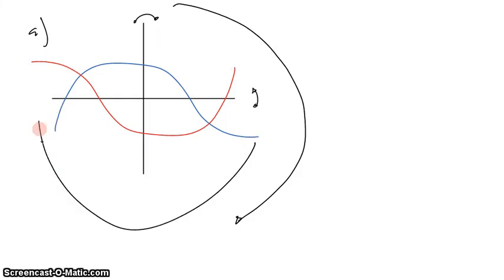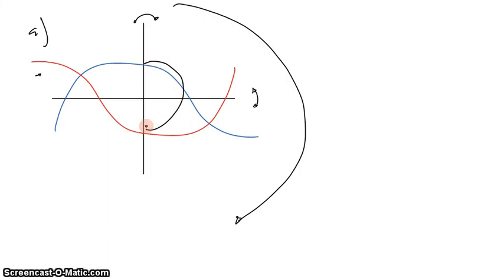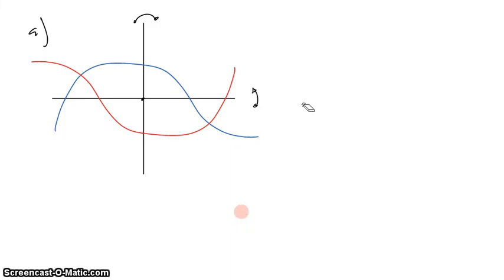This point has rotated over here. This point has rotated over here. The whole graph has spun 180 degrees around the origin. So the answer to question A is this is a 180-degree rotation.